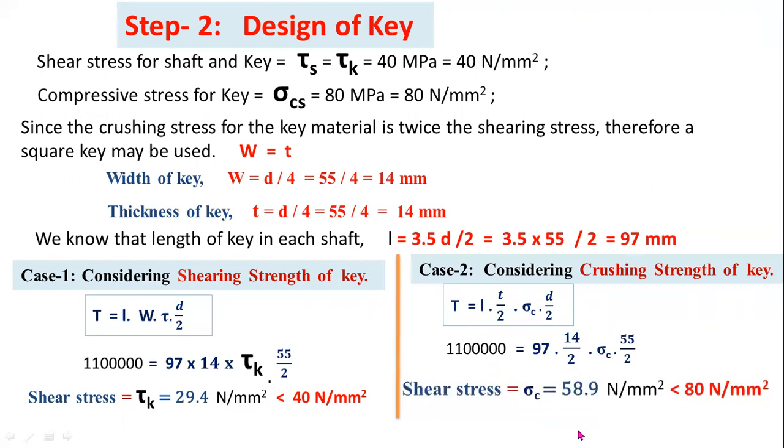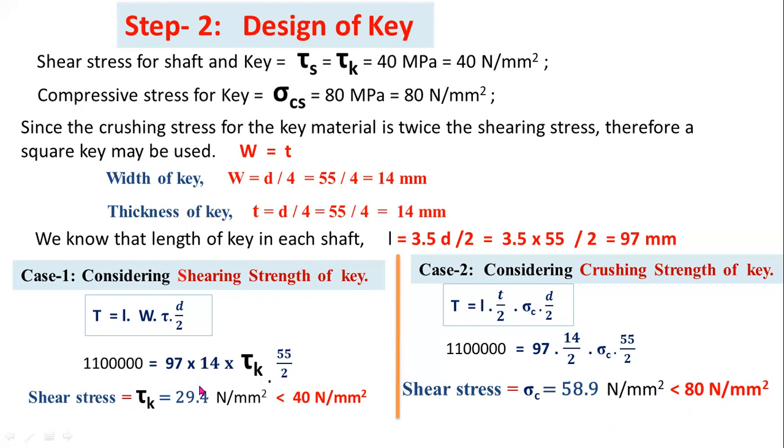Here you can observe the induced compressive stress in key material is 58.9 Newton per mm square, but the given stress is 80 megapascal. Here you can observe the induced stress is less than the given stress. That means the design of key is safe on the basis of crushing stress.